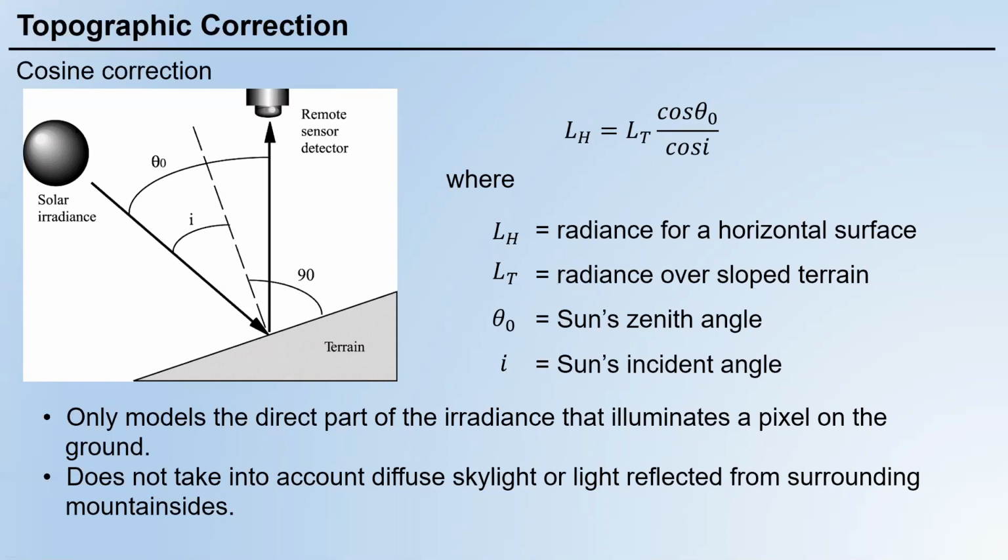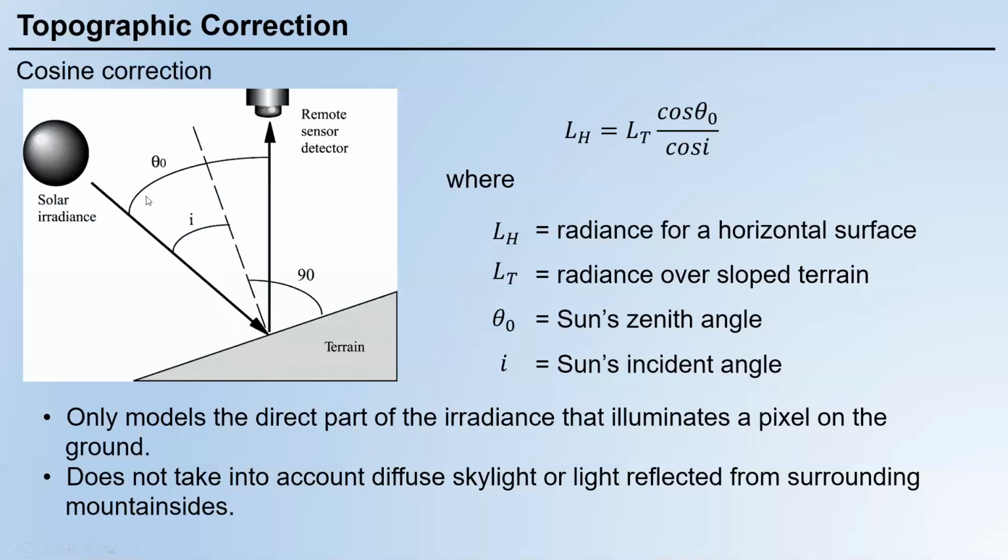It only models the direct part of the irradiance that illuminates a pixel on the ground. In the real world there could be other light sources, and the solar irradiance is not that simple, because of scattering and reflecting in the atmosphere.